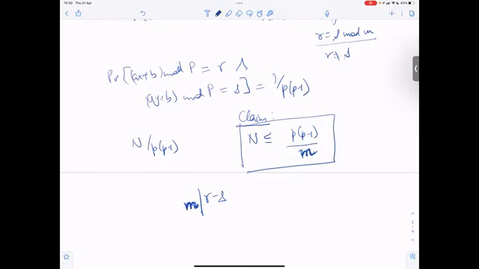Roughly, how many such RS pairs are there? R and S are both, the total number of values divided by M. M divides R minus S if and only if, so what is the probability that for randomly chosen R and S, M divides R minus S?